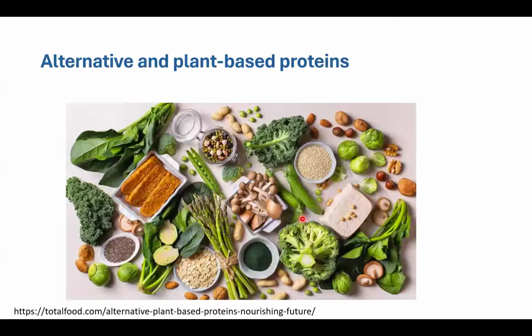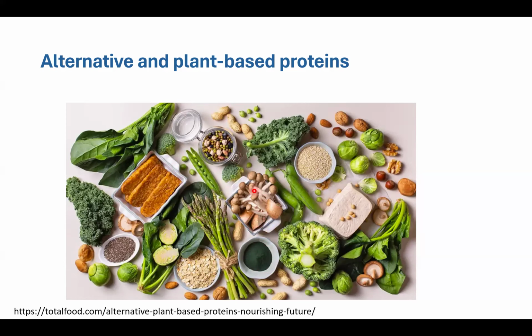Alternative protein may also include plant-based sources like grains, leafy plants, or maybe nuts, or whatever has a high protein content. What we are going to talk about today is maybe some kind of algae or some kind of yeast or fungi.